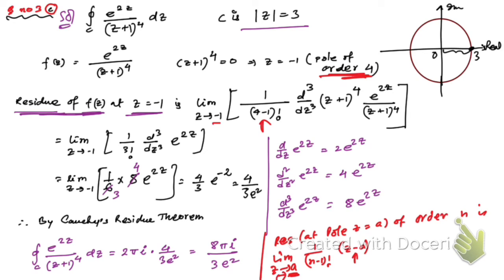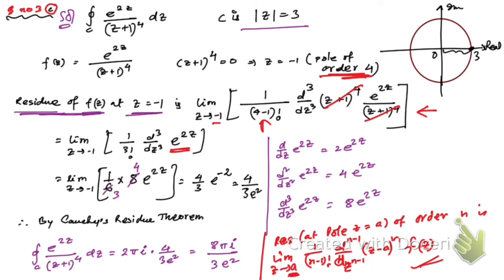If this is negative, then that should be positive. So now these two cancel, so we have this one only.